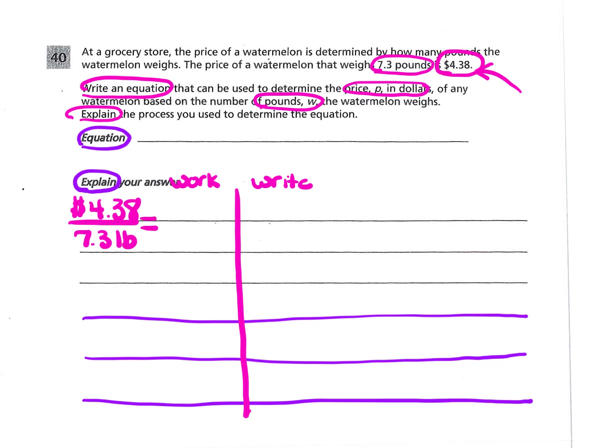We're going to take that ratio, divide to get a unit rate. Grab your calculator and punch in 4.38 divided by 7.3. We're going to figure out the cost per 1 pound.